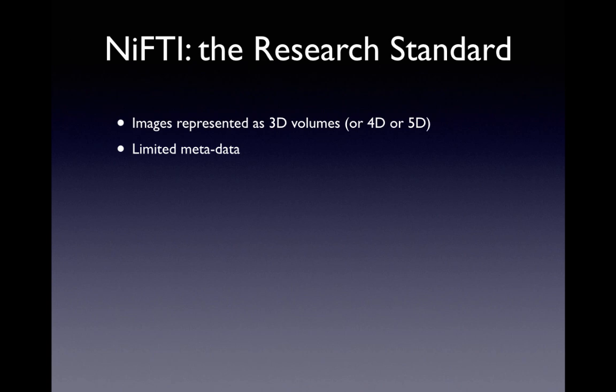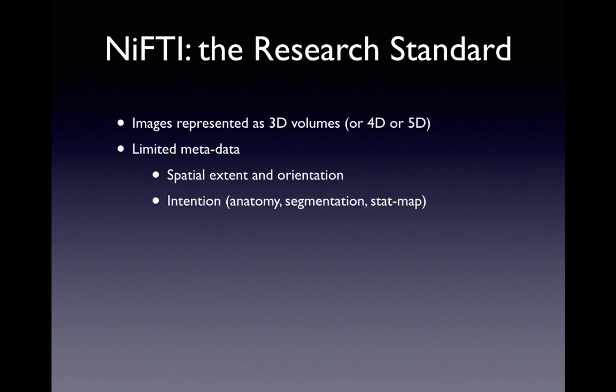It also has fairly limited metadata, which is restricted to the spatial extent and the orientation of the image array. There's a code to represent the intention of the image, so whether it's an anatomical image, a segmentation, or a statistical map. It does not have any fields for patient identifiers, so you can be pretty sure that if you're working with a NIfTI image, it's anonymized.